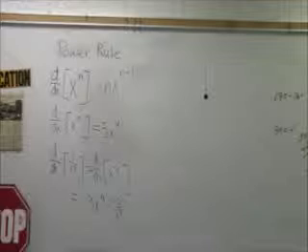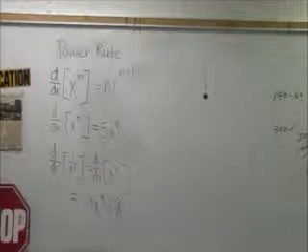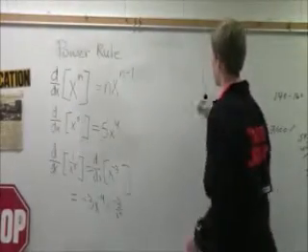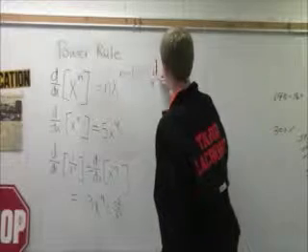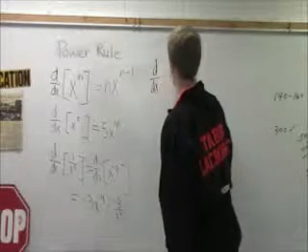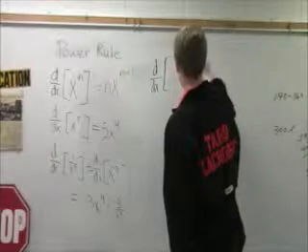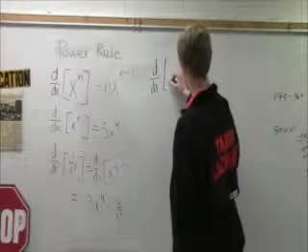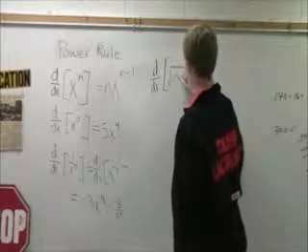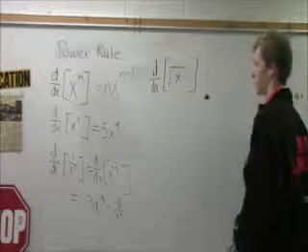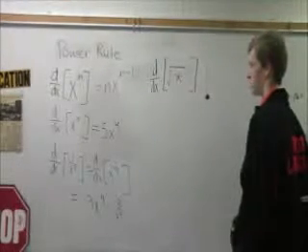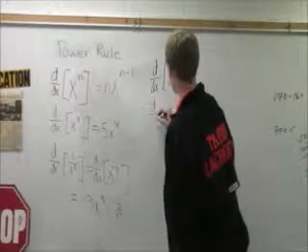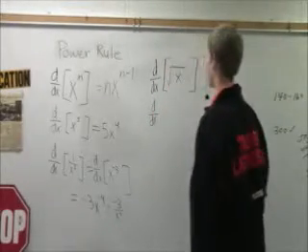Last but not least, we're going to show you how you would use power rule when you have a square root. So, d over dx of the square root of x. In other words, this would mean d over dx of x to the 1/2.